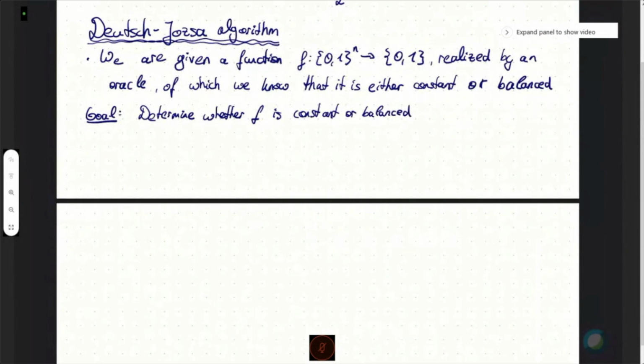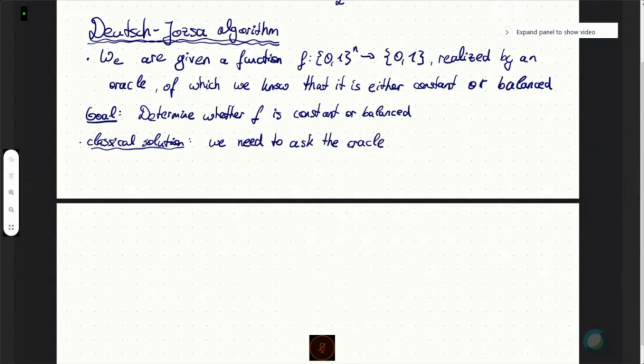Now let's look at the classical solution first. If we want to figure out what the solution is, we would need to ask the oracle once, then we get one output, but then we have no idea whether it's constant or balanced. We can ask the oracle twice, and if we get two different outputs, we immediately know that it's balanced.